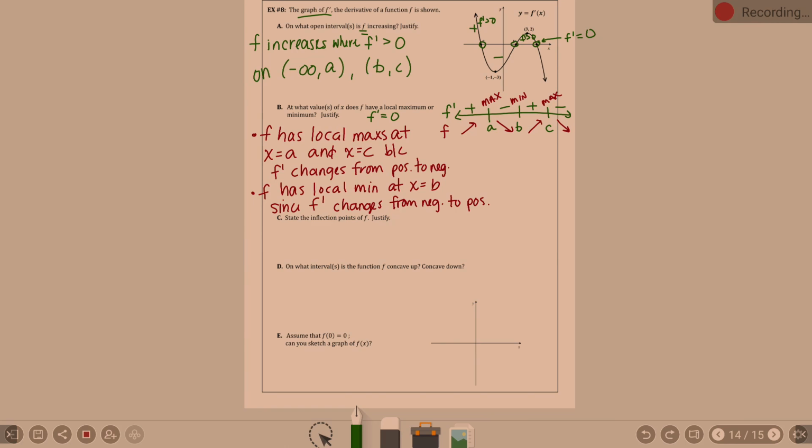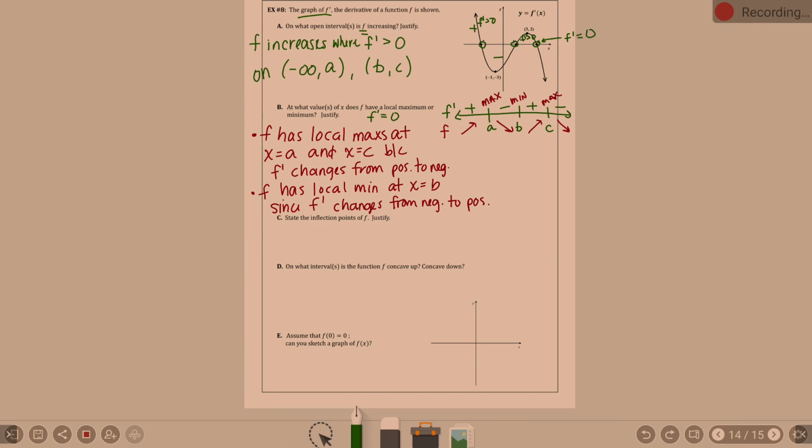This is a graph of the first derivative. What is the second derivative in relation to this graph? It's the slopes of the tangent lines. So when we look at this, we're looking for slopes.